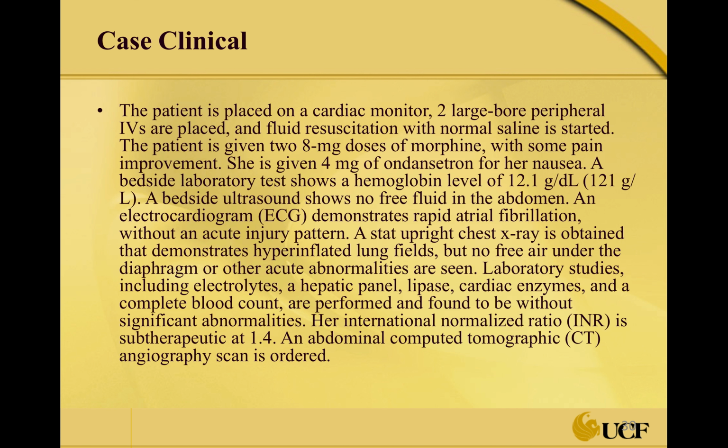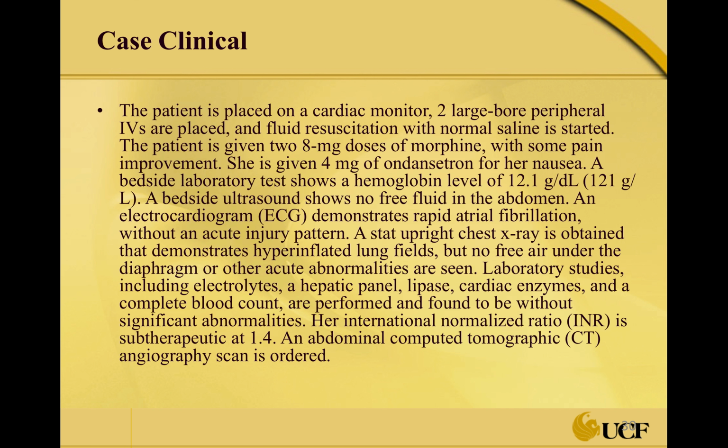An electrocardiogram demonstrates rapid atrial fibrillation without an acute injury pattern. A stat chest x-ray is obtained and demonstrated hyperinflated lung fields but no free air, which is good, under the diaphragm or other acute abnormalities.